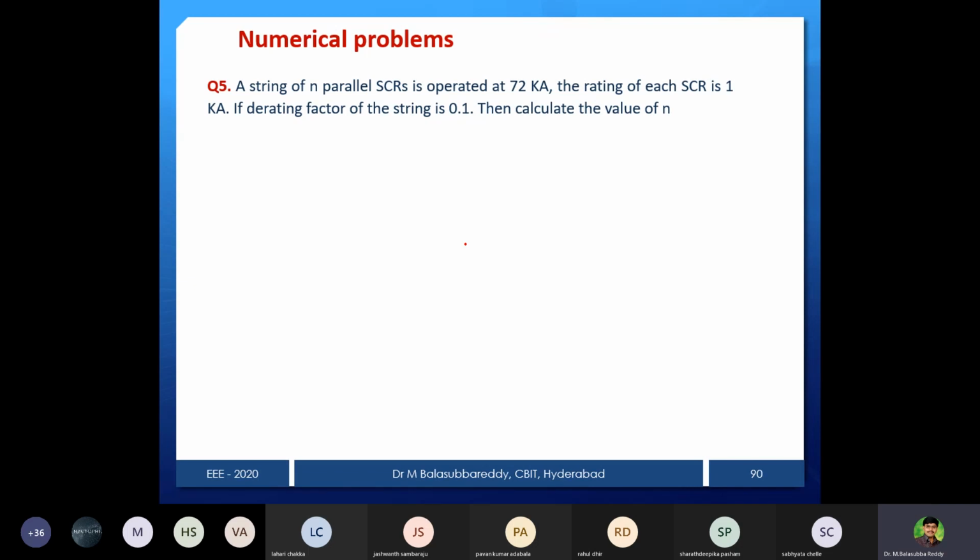Now the derating factor of the string is 0.1. Derating factor is equal to 1 minus string efficiency. So 0.1 equals 1 minus string efficiency. Here it is actual current, because it is parallel.